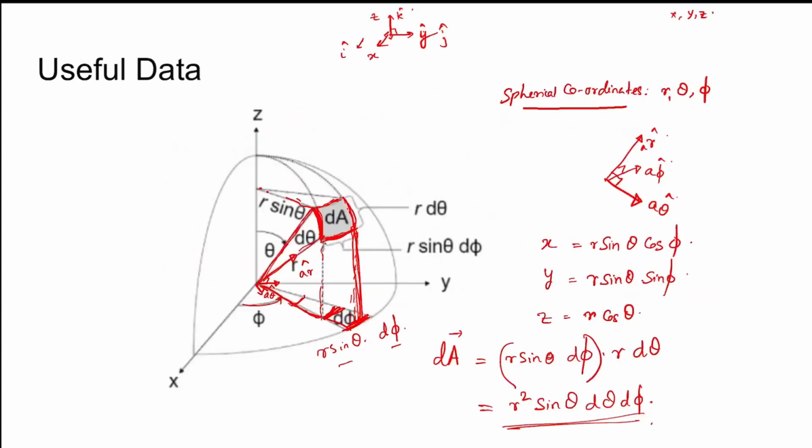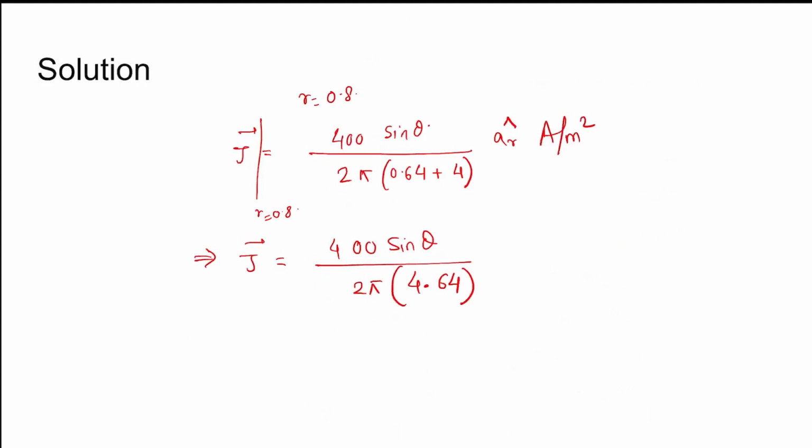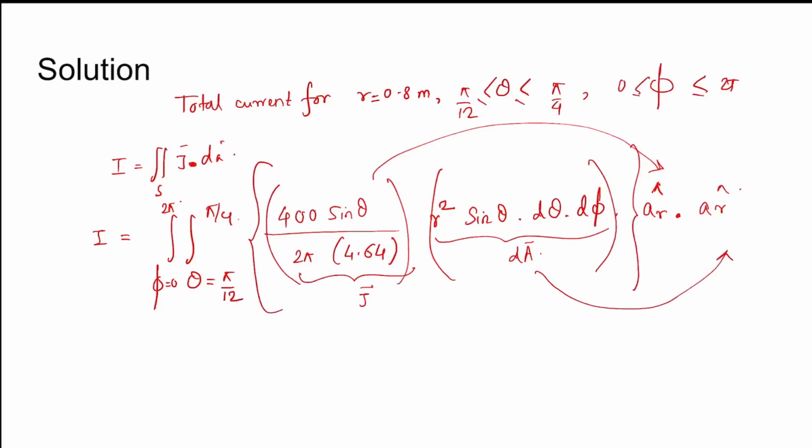Because this elemental area is the magnitude of the elemental area, and the direction is radially outwards, so it is in AR cap direction only. So dA is r square sine theta d theta d phi, AR cap only, normal to this surface. So normal outward, always take outwards. So this is AR cap dot AR cap, which is 1. So only the magnitude now needs to be integrated.